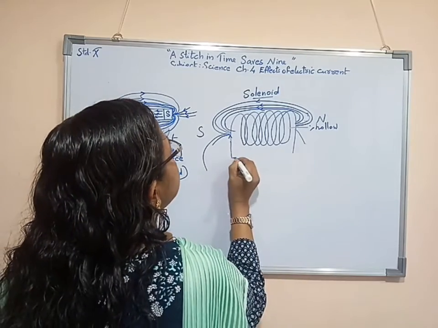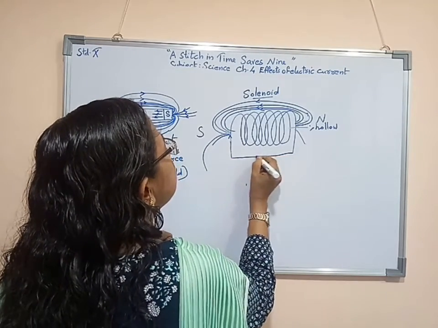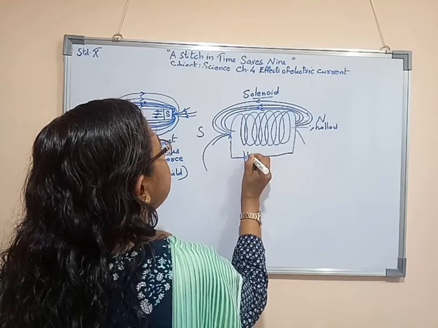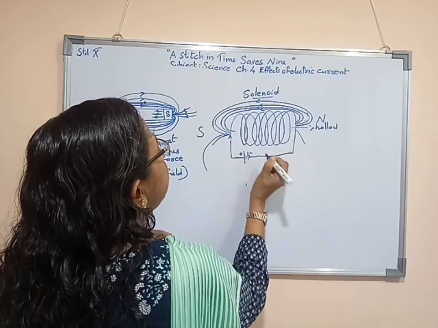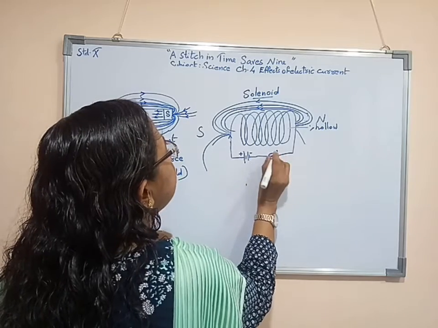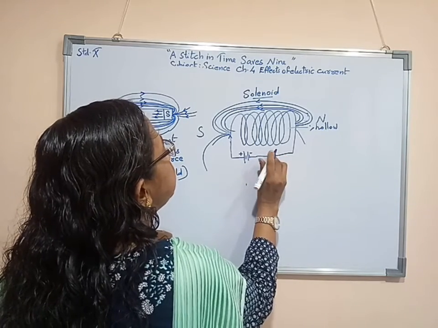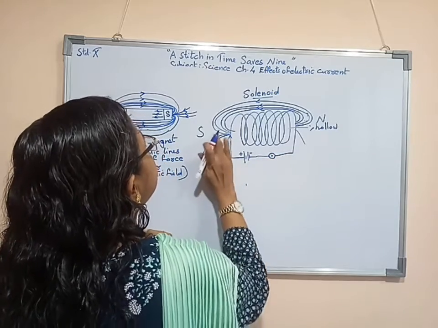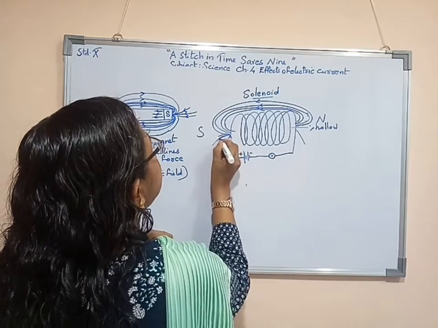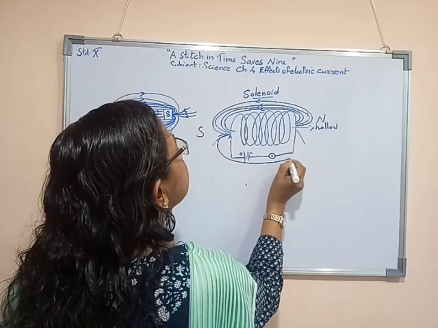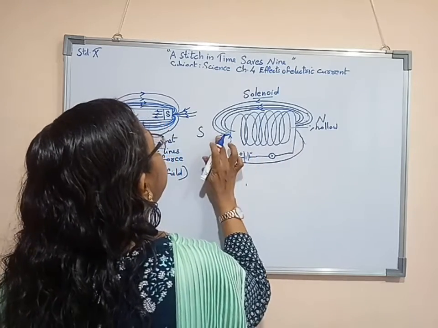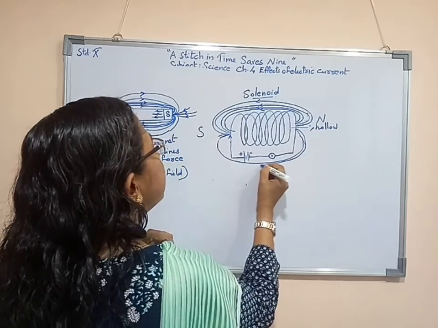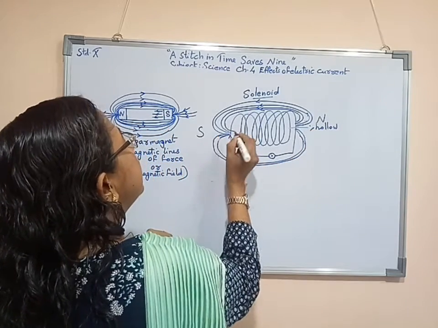Here the cell's connection I am showing. This is the positive terminal, this is the negative terminal, here the key connection. Now you can see the magnetic field lines from north to south. North to south its formation will be there.